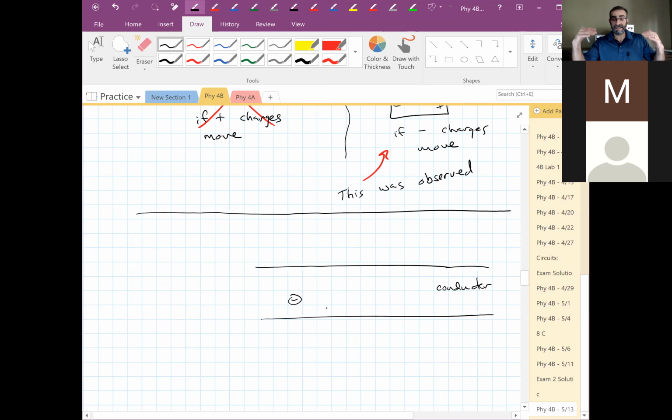We set up an electric field. The electric field gets set up in the wire. And that causes the, I'm going to make my electric field go the other way, sorry.